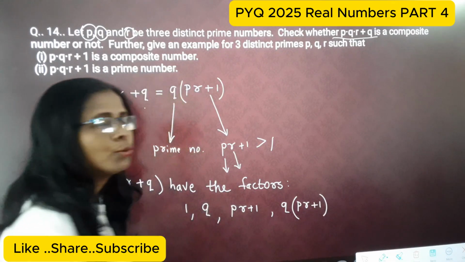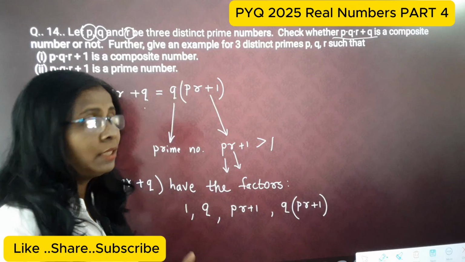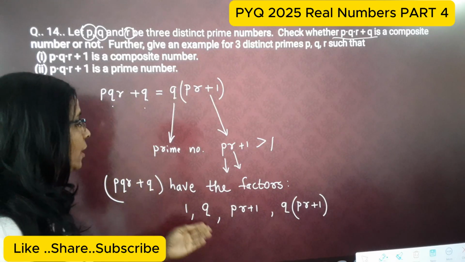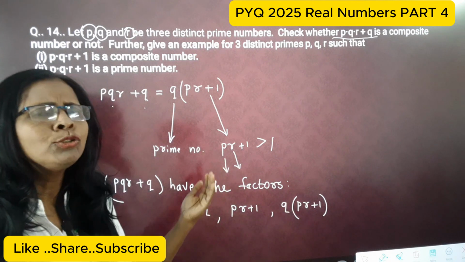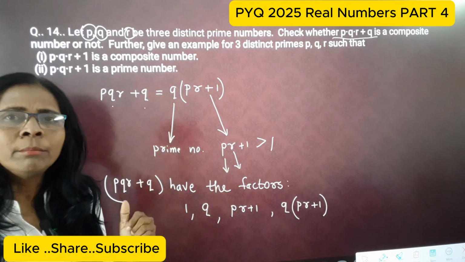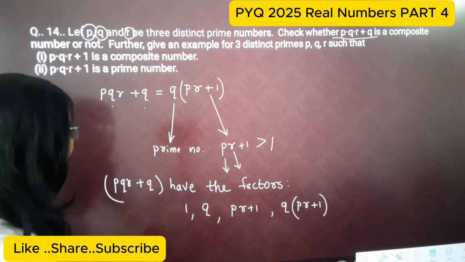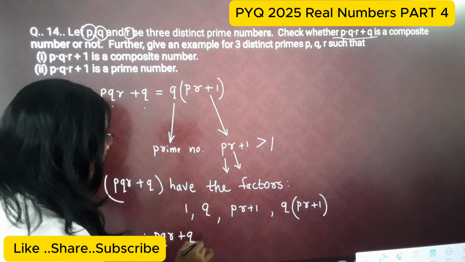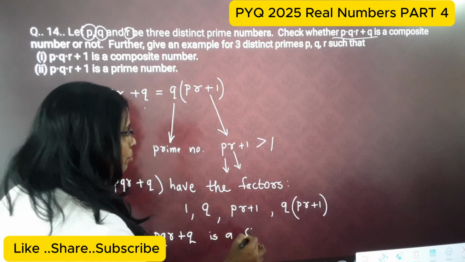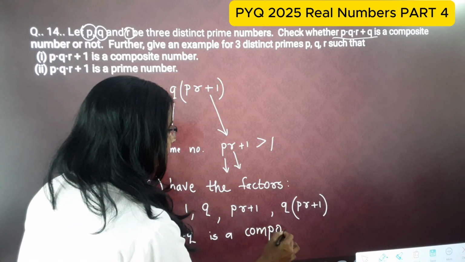So now, students, as the number has these 4 factors, that means the number should be composite. Therefore, PQR plus Q is a composite number.